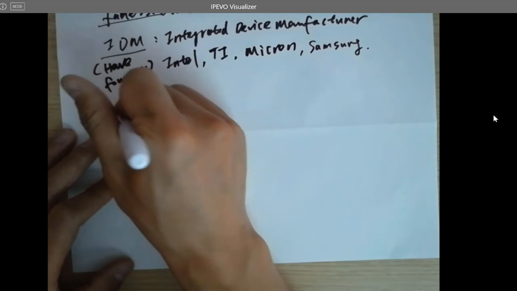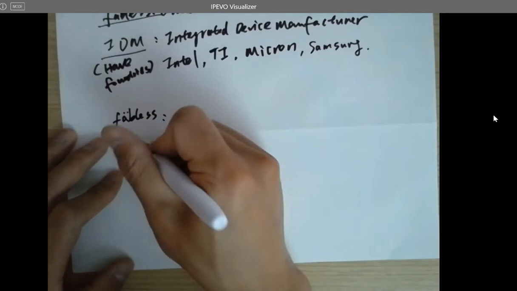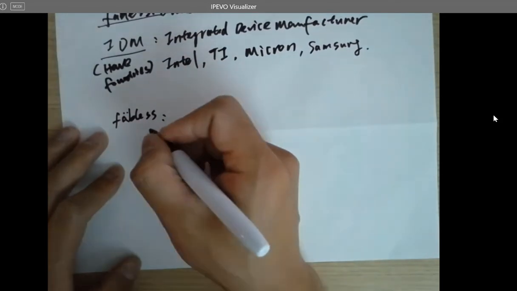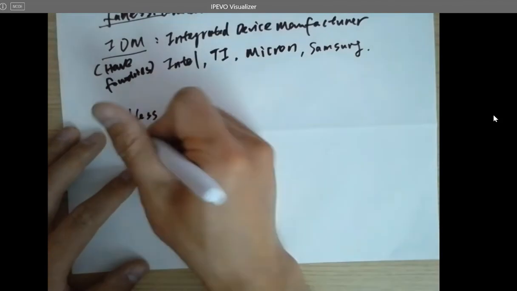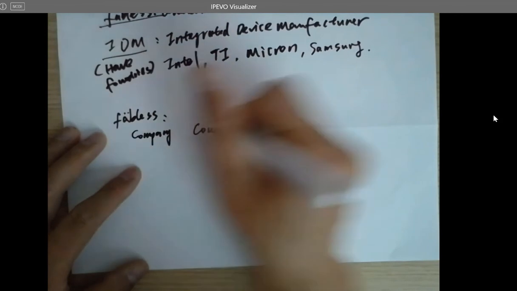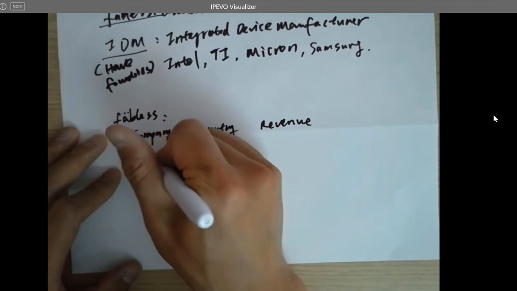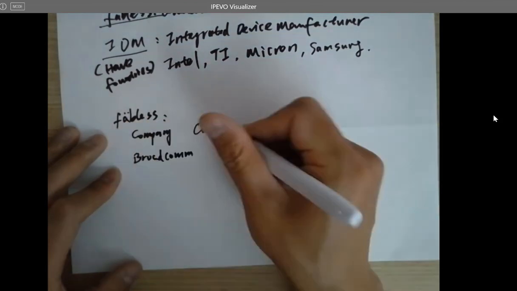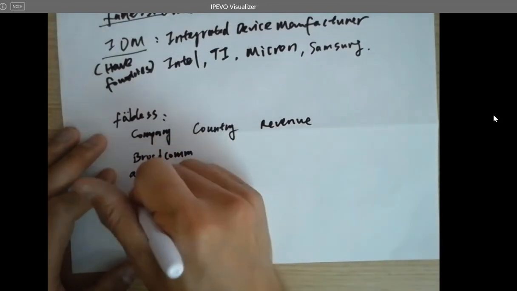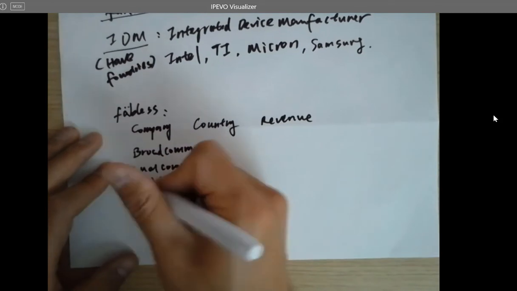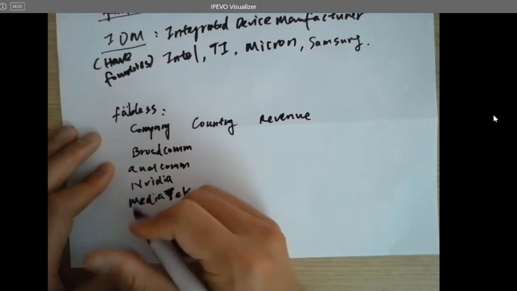So examples for fabless ones, and their revenue, just to give you a concept on that. Country, company, for example, Broadcom, Qualcomm, NVIDIA, MediaTek, AMD.